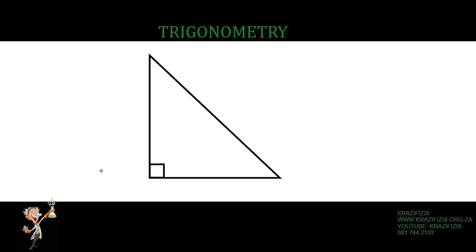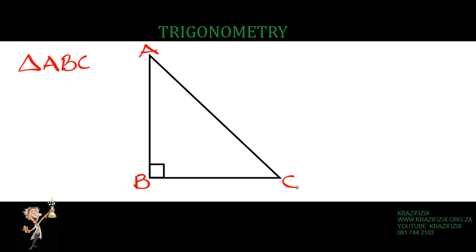Now let's label. We are going to start by writing labels on this triangle, and we are going to call this triangle A, B, C. Remember, this is basics, so we need to get the foundation straight. Triangle A, B, and C.